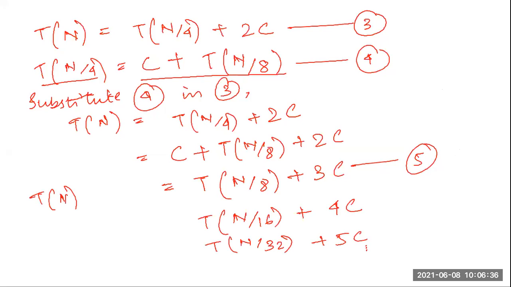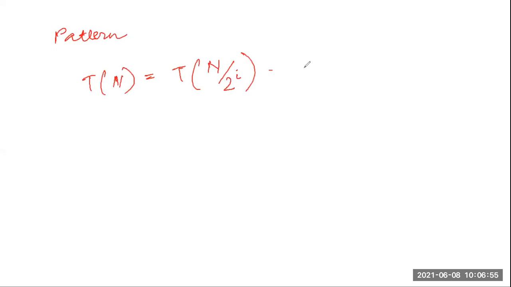So like this it is moving on. That means if you follow the pattern, the pattern identified is T(n by 2 to the power i) plus i into C. Isn't it the pattern?